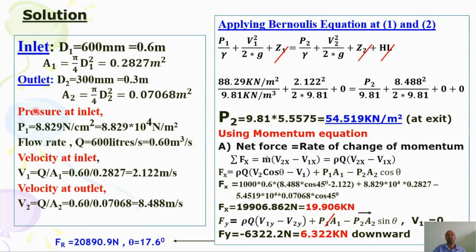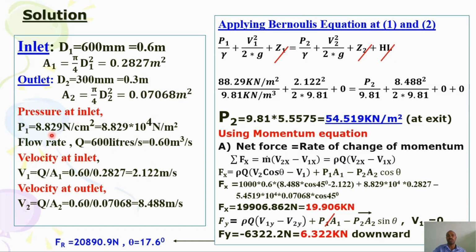Now let us see the inlet parameters first. Diameter D1 is 600 millimeter, 0.6 meter. A1 is pi by 4 times D1 squared, which is this area, 0.2827 meter square. At the outlet section, D2 is 0.3 meter, and A2 you can compute like this. You should be consistent in units of measurement, so you have to change all the dimensions into the metric system.